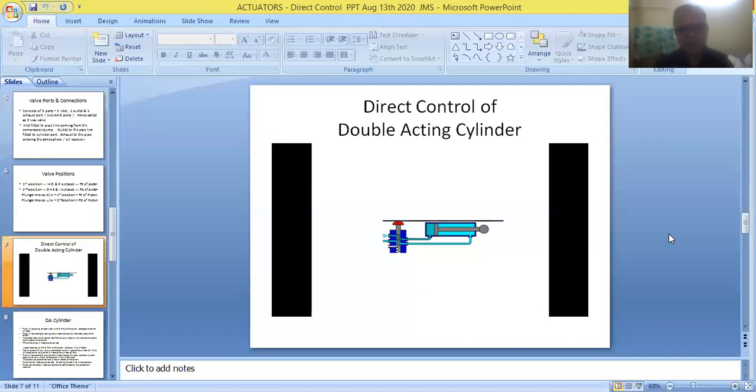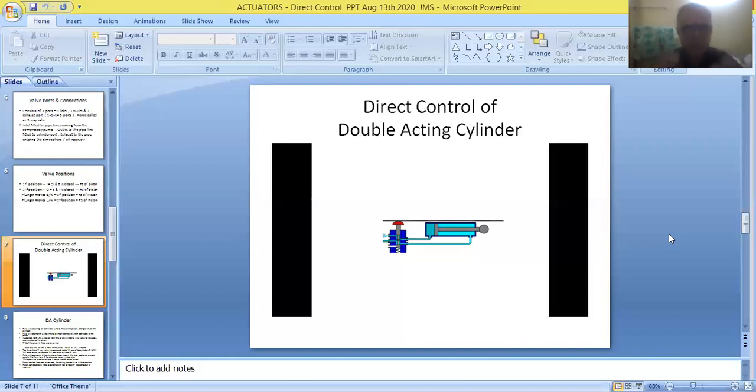So friends, it can be a 3-way valve or it can be a 4-way, 5-way or a 2-way valve. It can be a single acting cylinder. It can be a double acting cylinder. First position of the DC valve will be used for performing the forward stroke of the piston, and second position of the valve will be used for performing the return stroke of the piston.